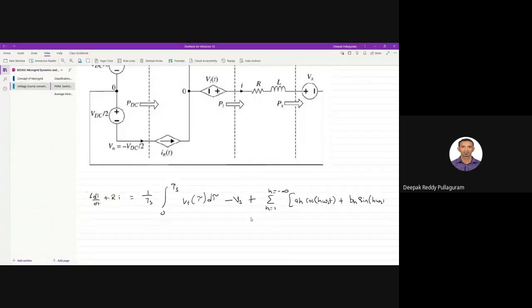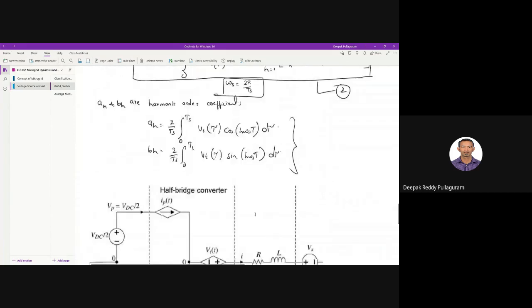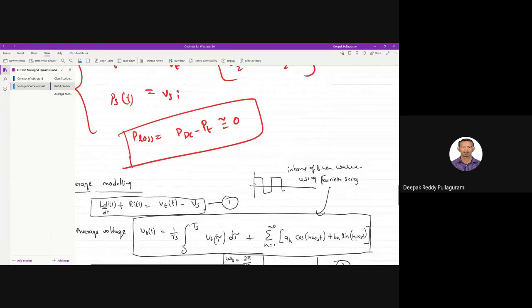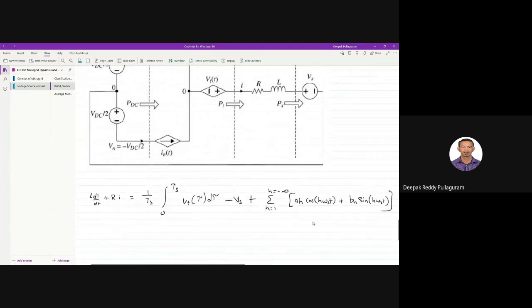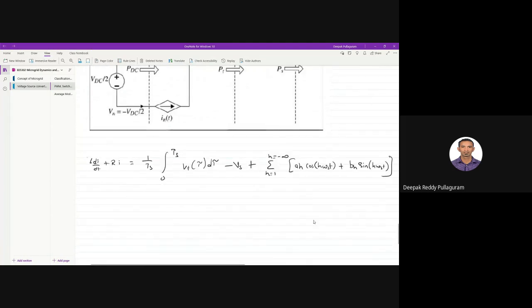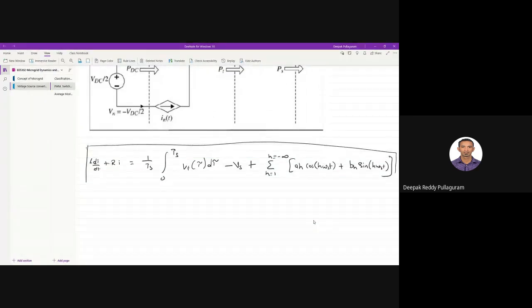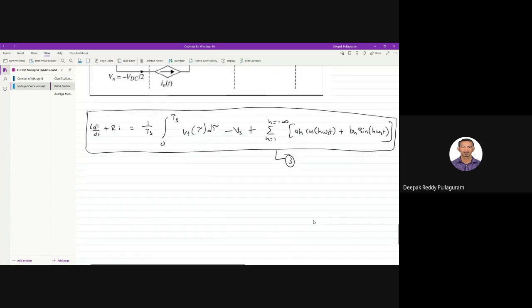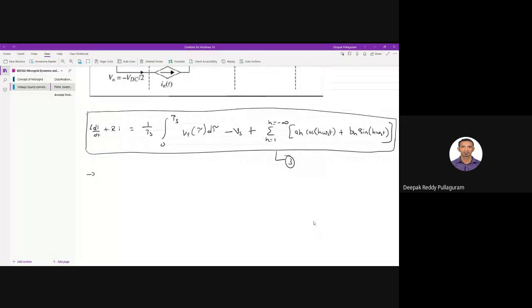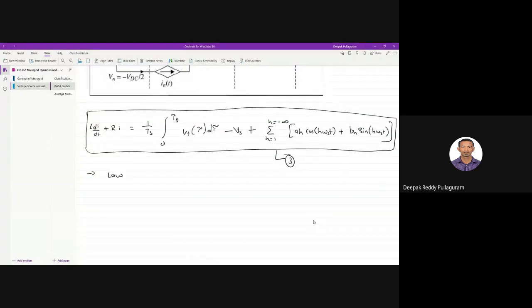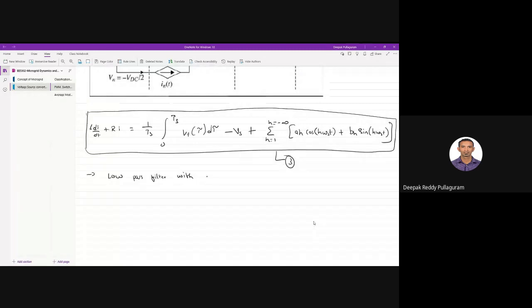Sin h omega st, with h equal to 1 to infinity. Is it the correct equation? Once we have written this expression, what does it indicate? Can I say this expression is a low pass filter with output being I?